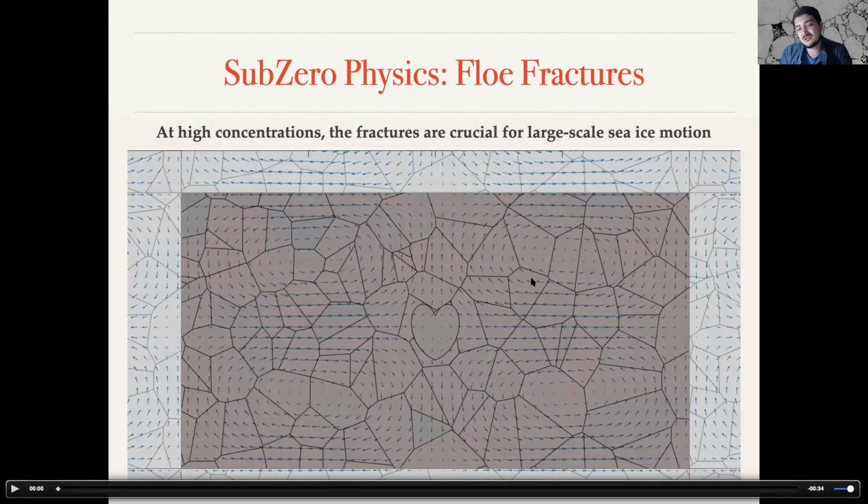Those fractures do not take the floes away from being convex. They cannot make them concave because we're using Voronoi tessellation for fractures here.